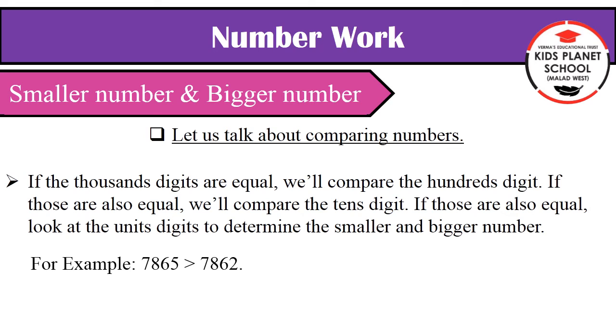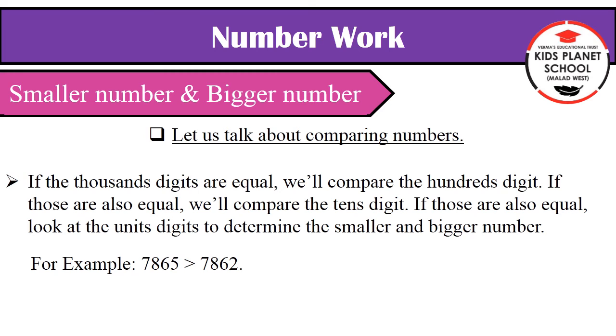In both the numbers, 7 is at the thousands place. So now, we'll compare the digits which are at the hundreds place. In both the numbers, 8 is at the hundreds place. So now, we'll compare the digits which are at the tens place. In both the numbers, 6 is at the tens place.